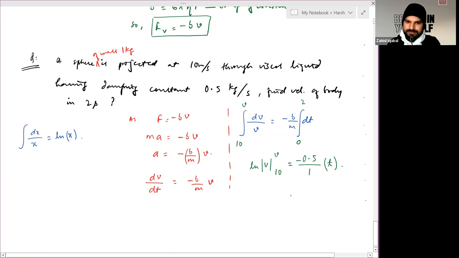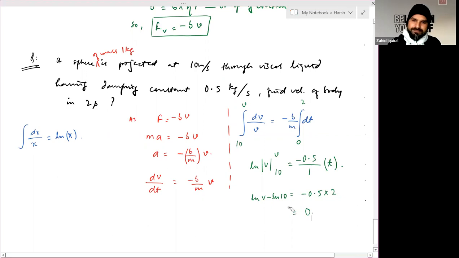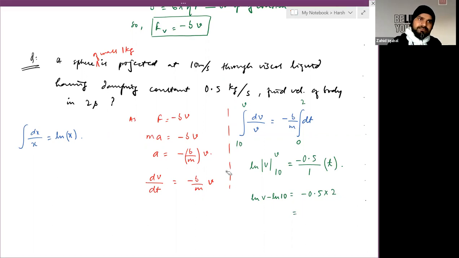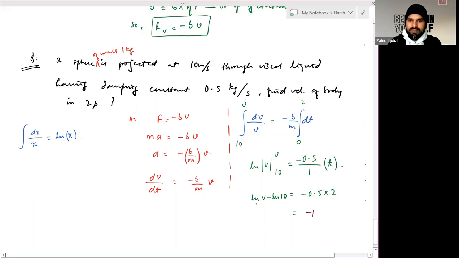Now put the values. So it will be ln of the upper limit minus ln of the lower limit equals 0.5 by 1 into the time taken, 2. So 0.5 into 2 will be 1, or simply minus 1 in this part: ln v minus ln 10.